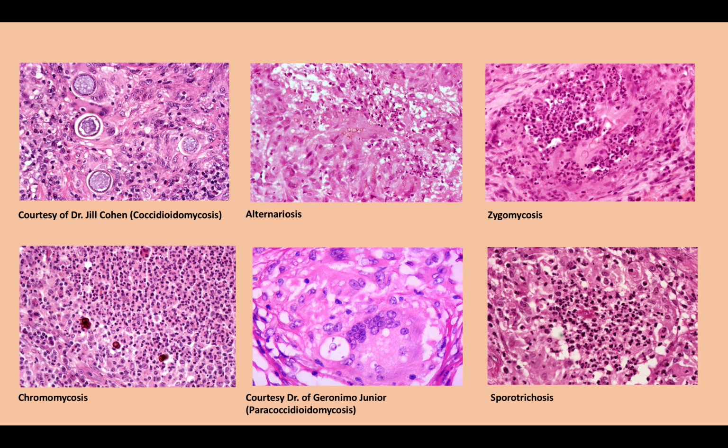In the middle bottom picture, there's a lovely ship's wheel courtesy of Geronimo Junior in the case of paracoccidioidomycosis. I wanted just to warn you, be careful when you see the asteroid type Splendore-Hoeppli phenomenon surrounding a yeast form in an infection. There's a tendency to say, oh gosh, this is sporotrichosis. Under the right circumstances, it might well be, but other fungal infections can give identical appearances.